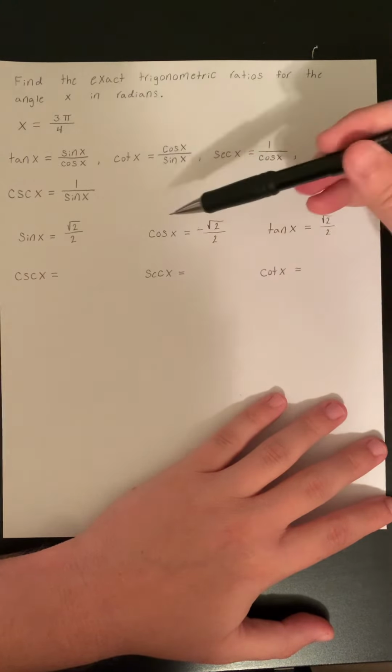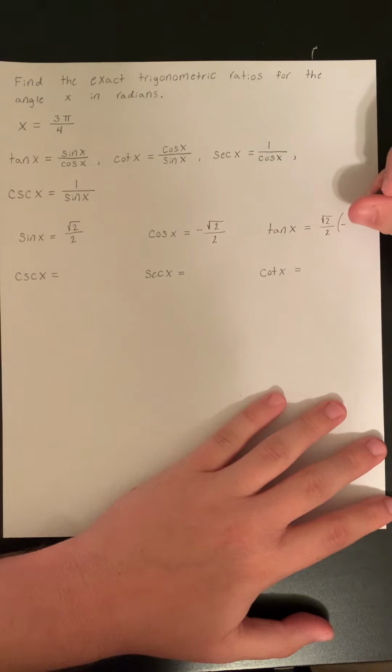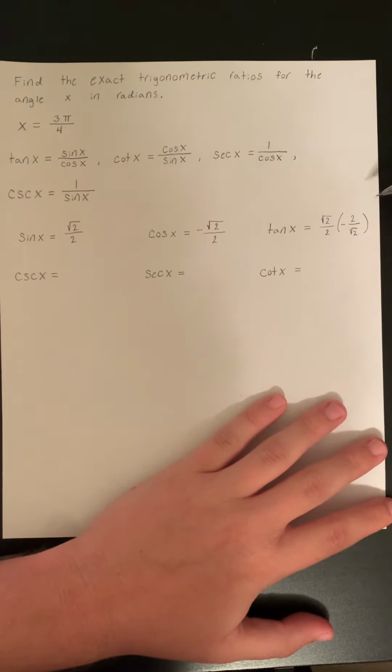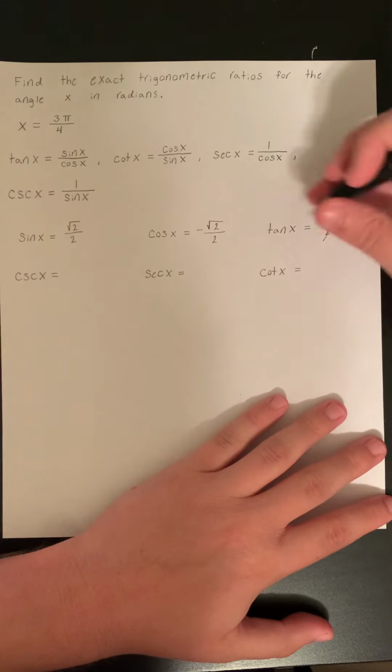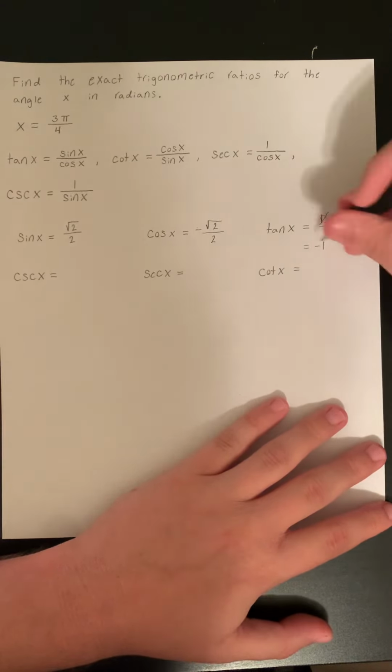So keep this, change the division to a multiplication, then multiply. So this times negative 2 over square root of 2. Now we can see here that this cancels out, this cancels out, this cancels out, and this cancels out, and what we're left with is negative 1. Should have given myself more room there. Oh well.